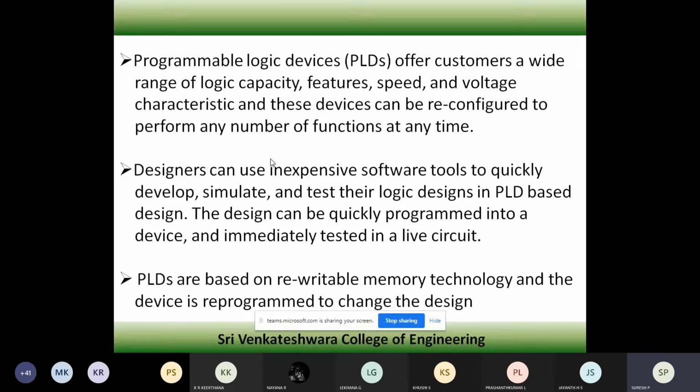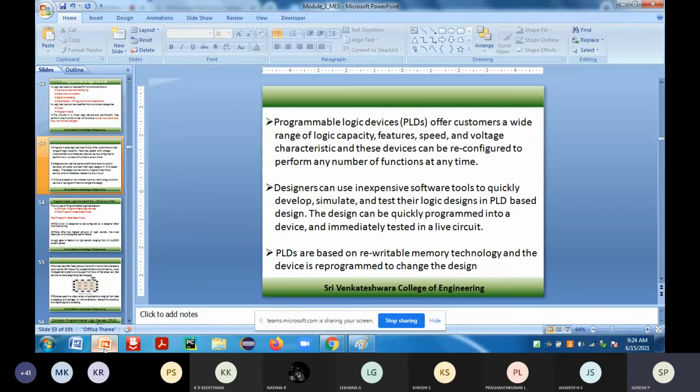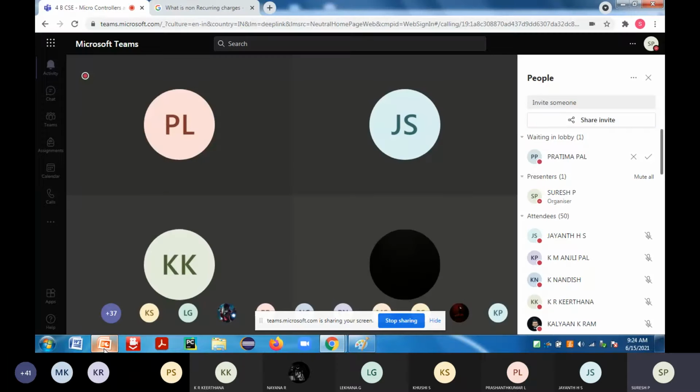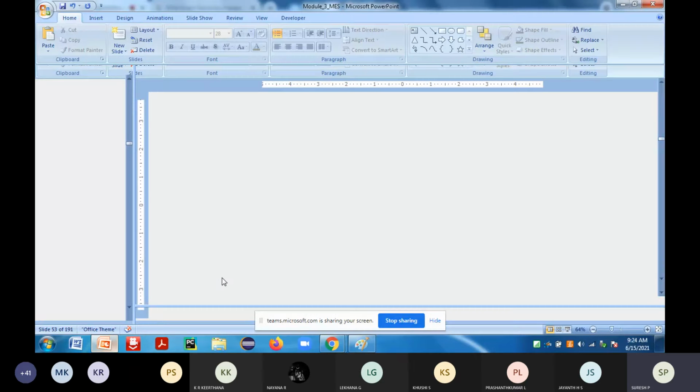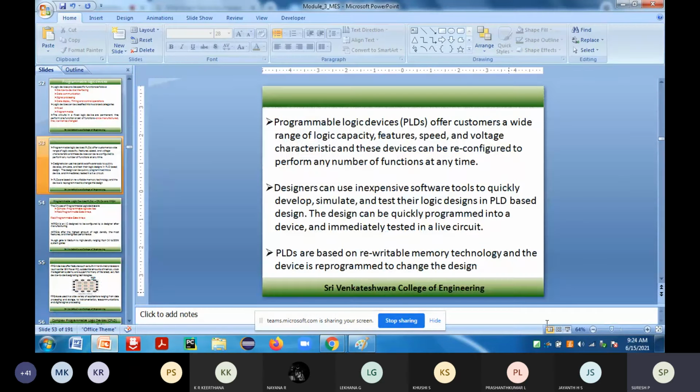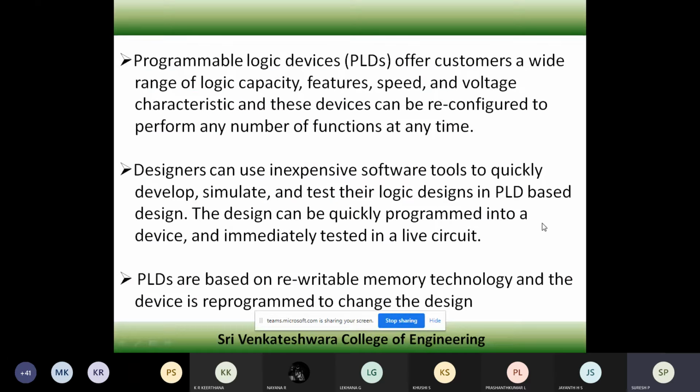When you talk about the programmable logic device, they are basically based on rewritable memory technology. Now, whenever you have rewritable memory technology, what does it indicate?